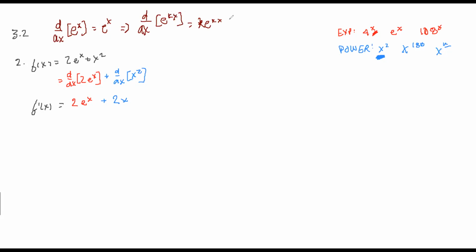Next week we can get into why this e to the kx rule holds, as well as the rule that if a is some number that is not e, then the derivative of a to the x is the natural log of a times a to the x. Again, all of those can be explained next week using the chain rule, but for now, you just get to use these as rules.